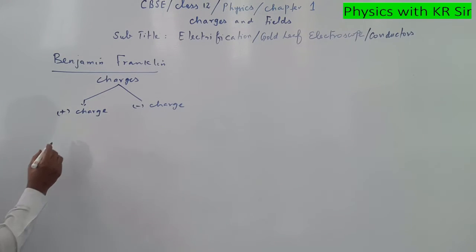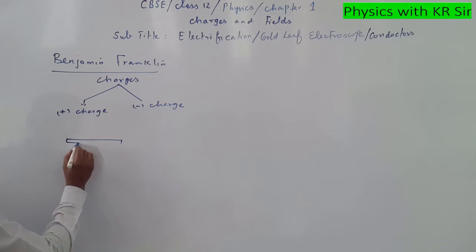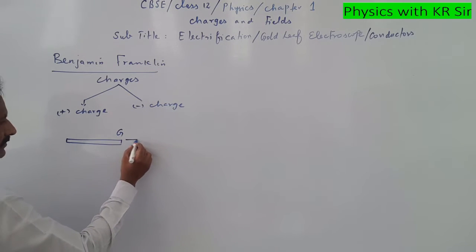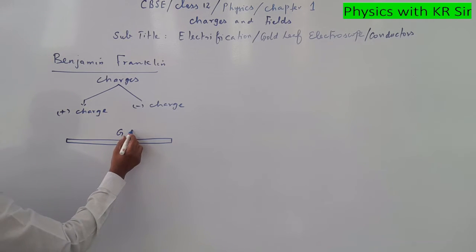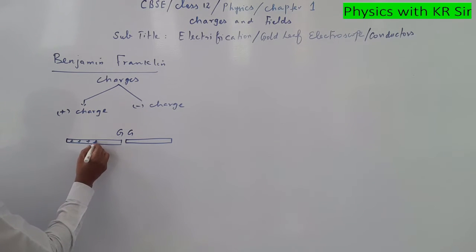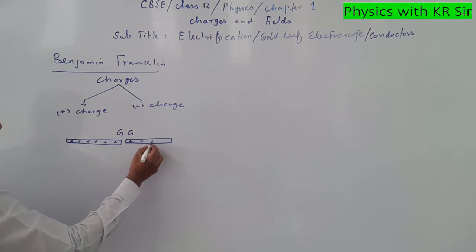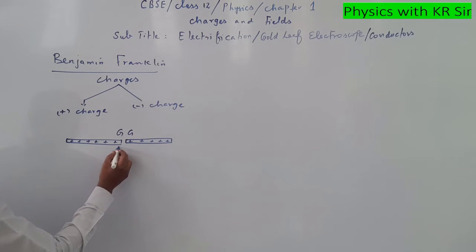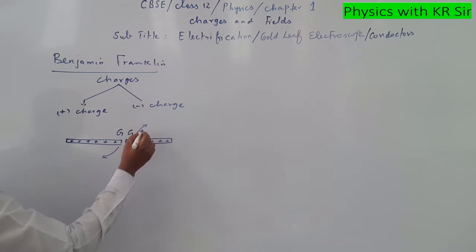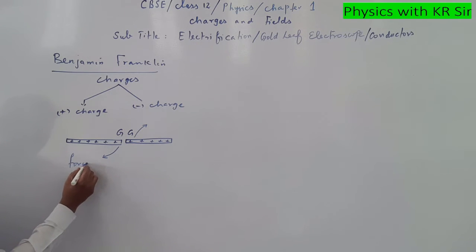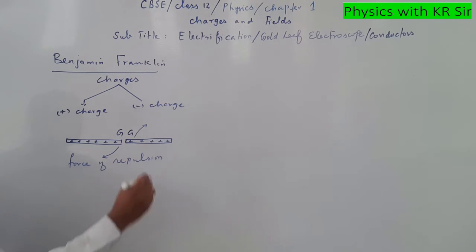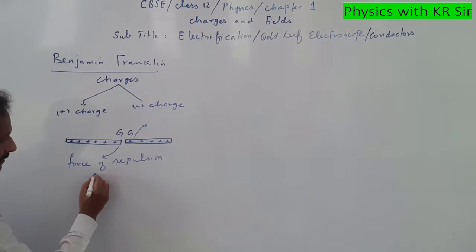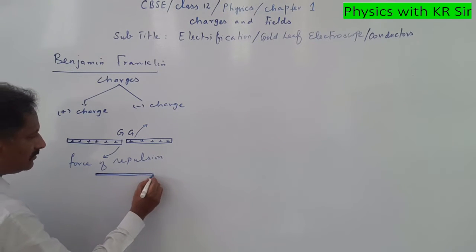For example, if we consider two glass rods which are positively charged because of rubbing, there is force of repulsion between them. For example, two pith balls are taken.